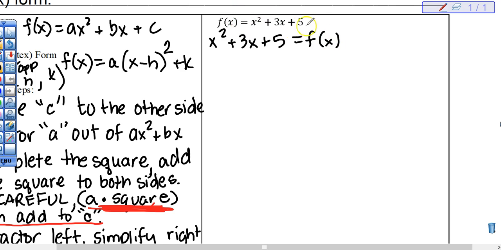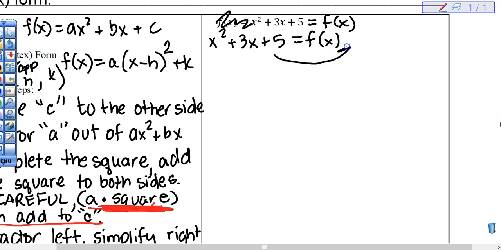And of course, if you want to be lazy, you could just go, equals f of x, and go like that. Actually, that's not that lazy, is it? It's kind of smart.